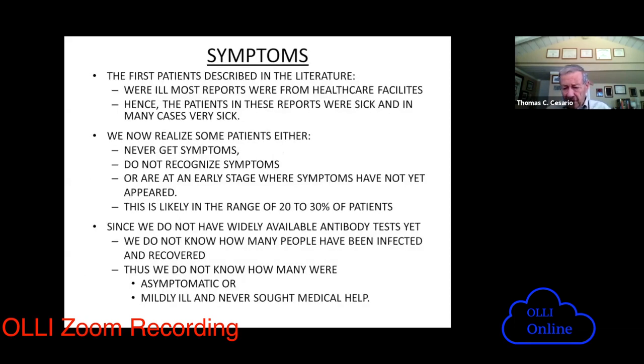So let's say you get the virus and now you get sick. What is going to happen to you? The point that I want to make is, remember, when we talk about people who get sick, what we're really talking about is people who we know got sick. And so all the data is drawn from studies on people who we know got sick.